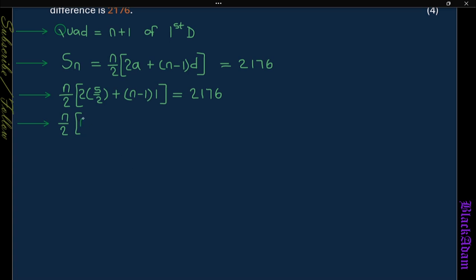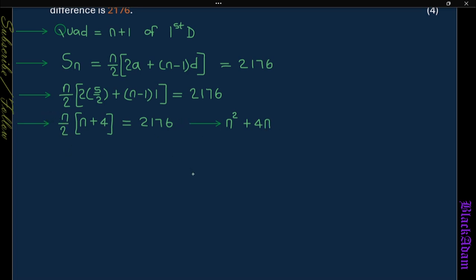So we write n times (n plus 4) is equal to 2176 times 2, so n squared plus 4n.